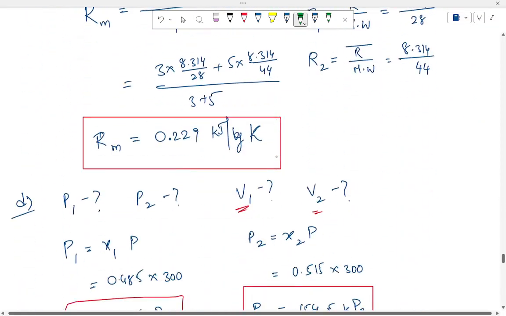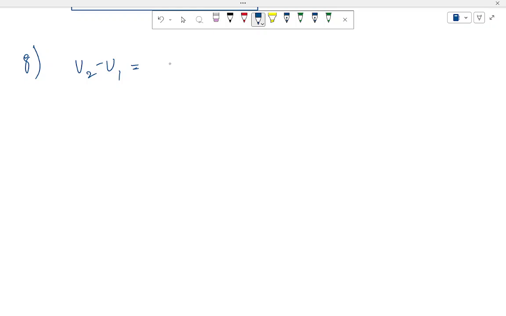So let us look at this now. This is the G part of the question. To find U2 minus U1, U will always depend on your Cv. Since I am writing capital U here, I can write m also here. If I am writing small u, I need not write m.